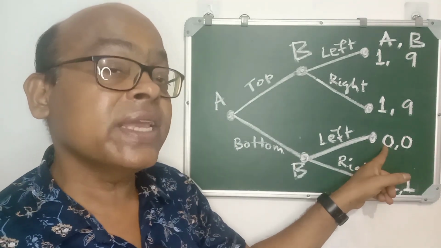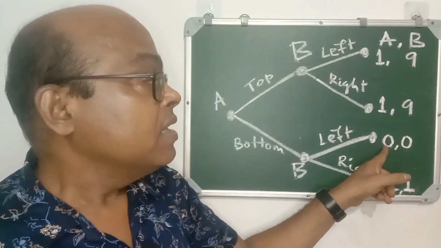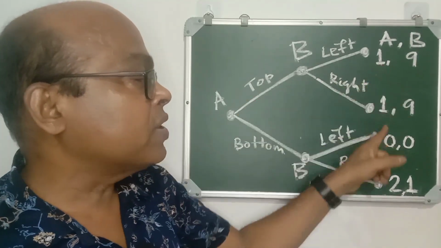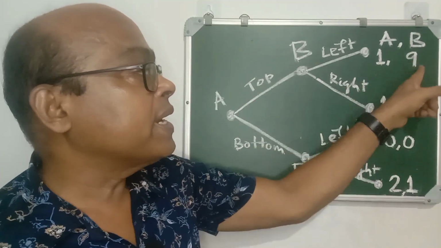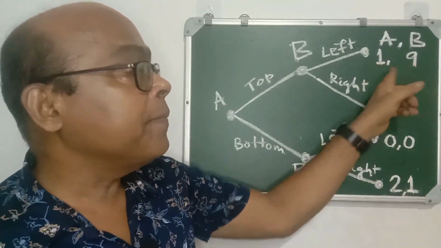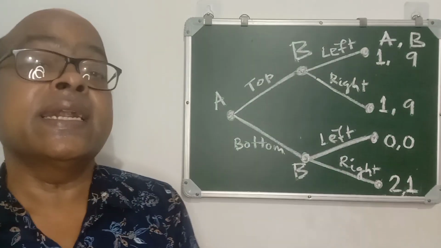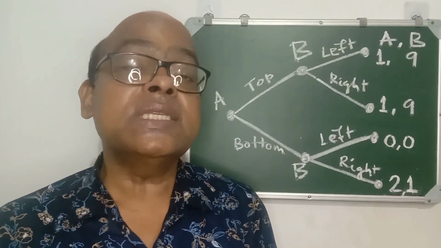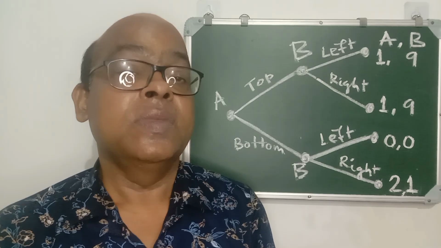It is the case of after threatening. So A will get 1, better than 0, and B will get 9, better than 0. So this 1, 9 may happen after the threat of B towards A. So this is all about sequential games. Thank you.